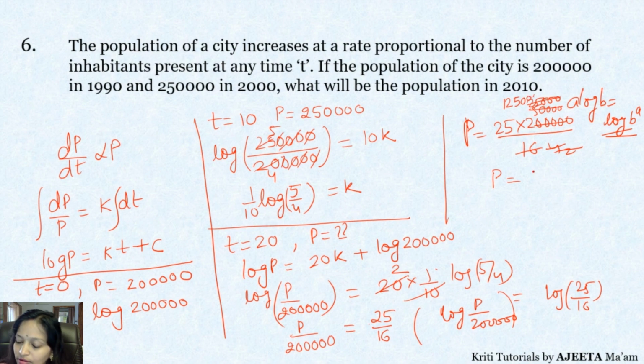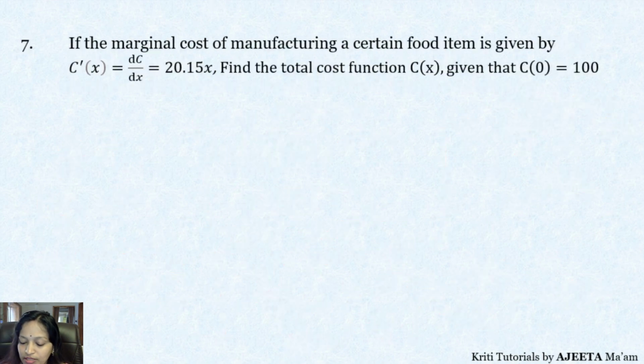So what do you get here? 312500. So this will be the population coming up later on. So that will be 3 lakh 12,500, right? So that much will be the population in 2010. Correct? Let's move on to the next.